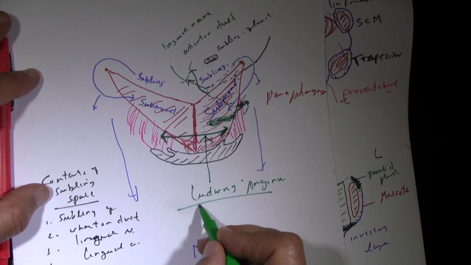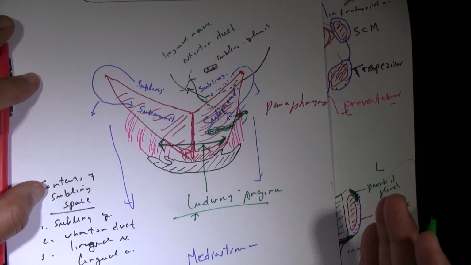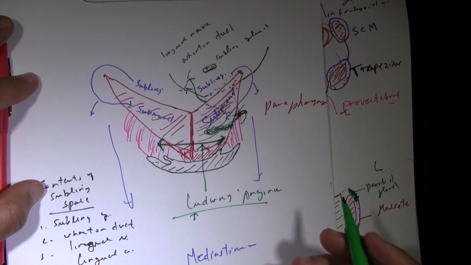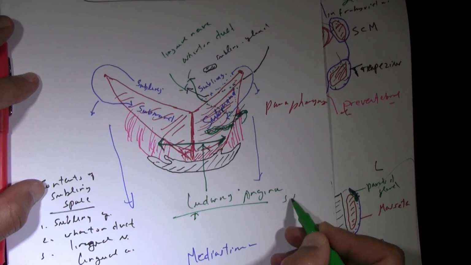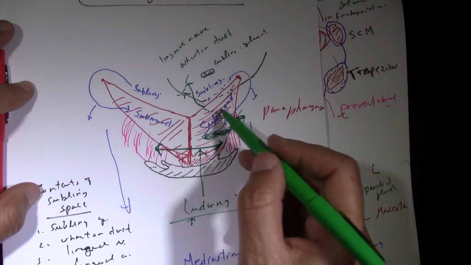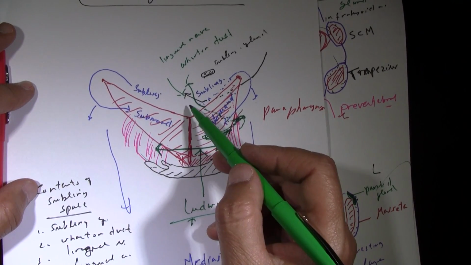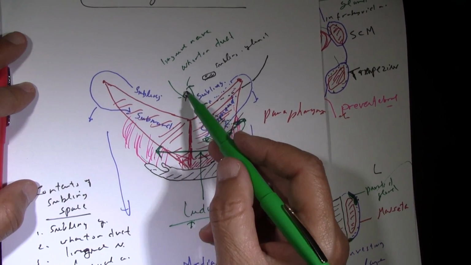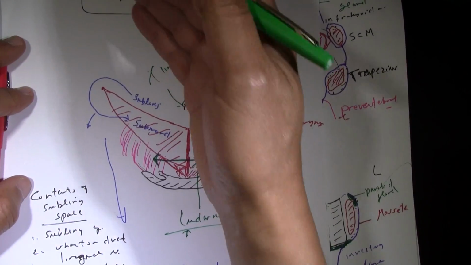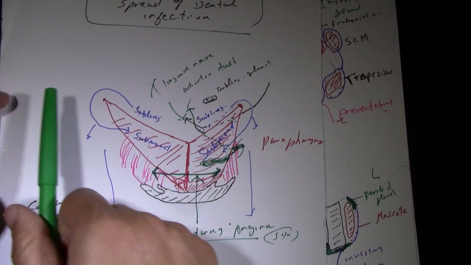The mortality rate used to be high, but right now it has significantly changed because of antibiotics. It used to be 25% mortality, now it's 5% only. And it is fatal because imagine that there is bilateral infection here. The end result is going to be elevation of the tongue, here and backward, and obstruction of the airway. This is Ludwig angina.